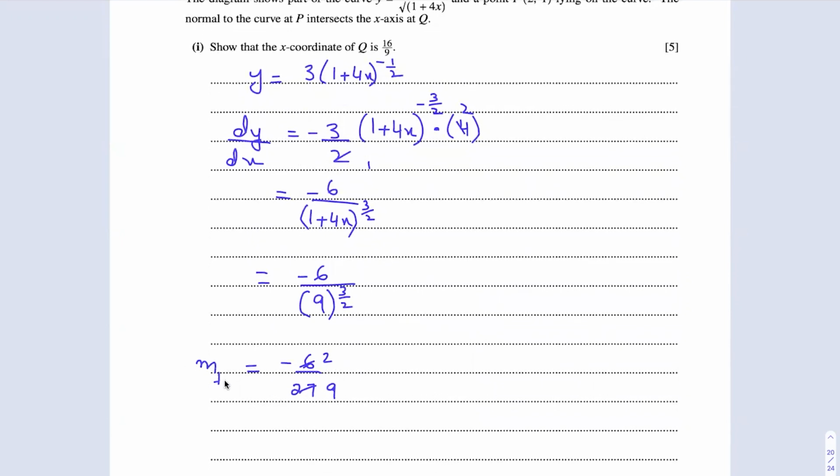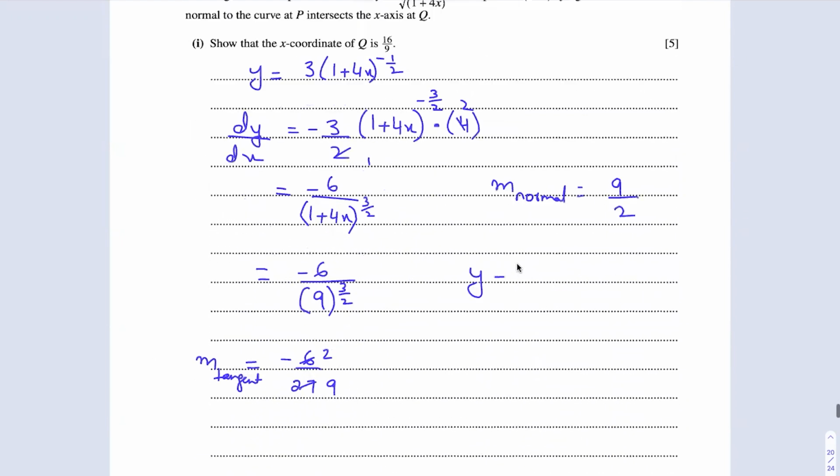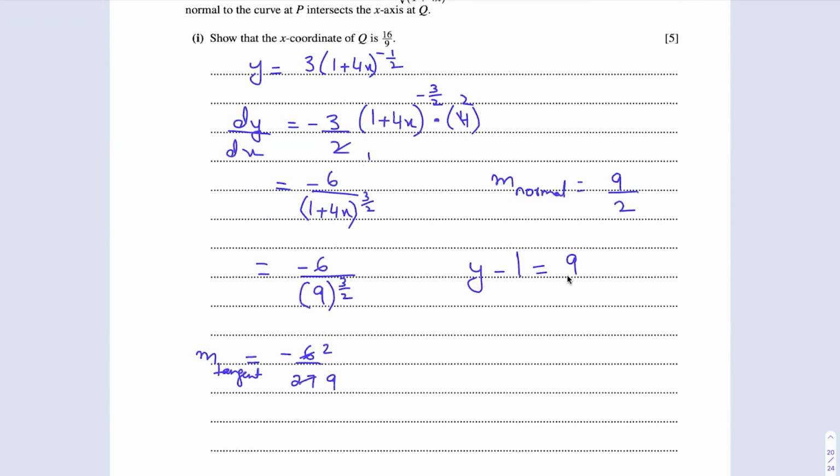So this is the gradient of the tangent. The gradient of the normal would be positive 9 upon 2. Forming the equation of the normal, we get y minus 1 is equal to 9 upon 2 into (x minus 2), since P is (2, 1).